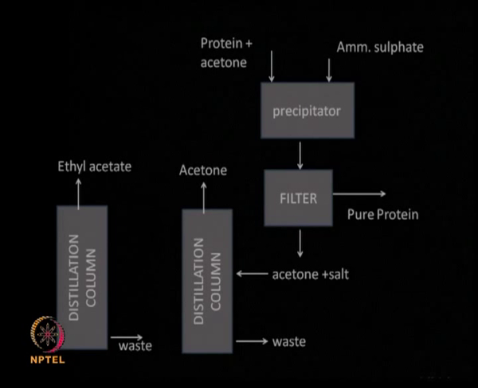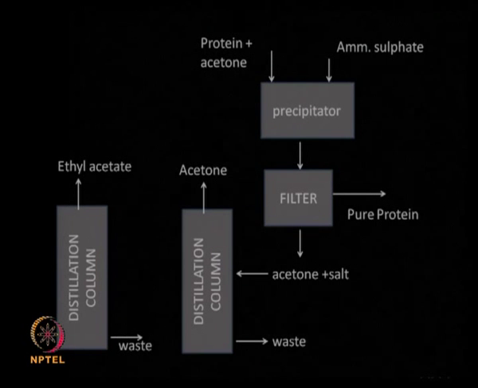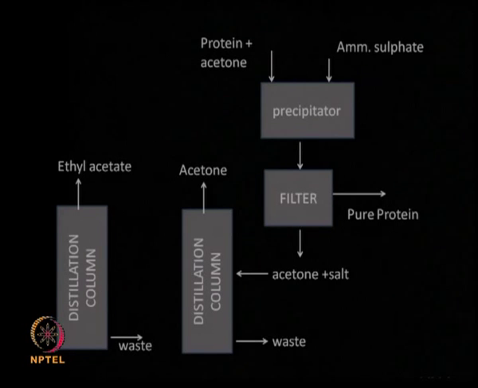So one can think about different ways of recovering the protein using different techniques. That depends upon the physicochemical properties of the protein which you are recovering, the stability of the protein, presence of impurities or presence of other toxins or inhibitors, and so on actually, viscosity, density of the proteins and so on.